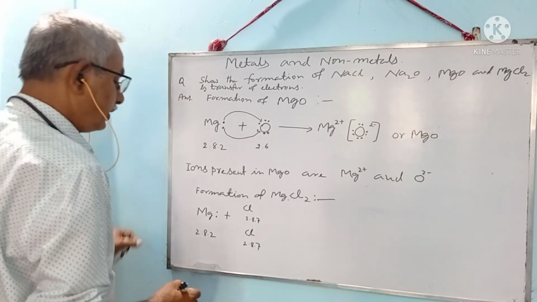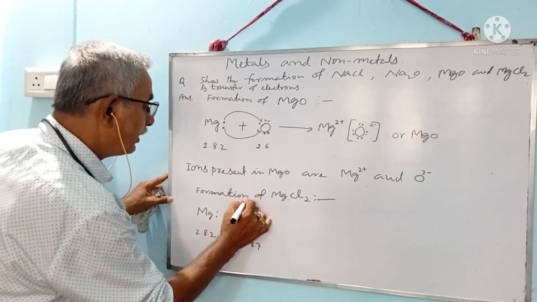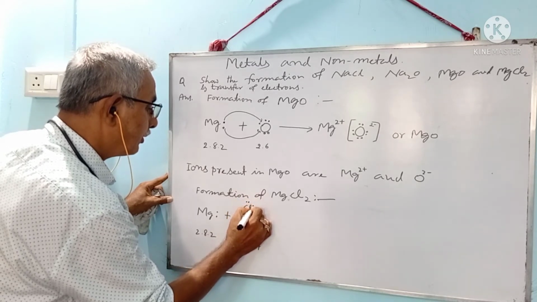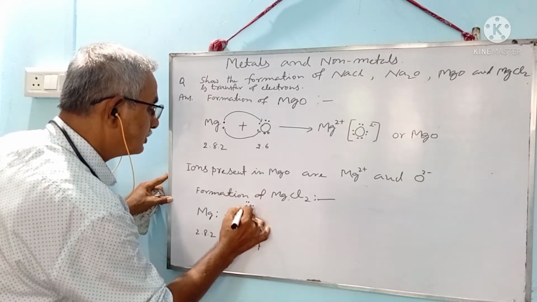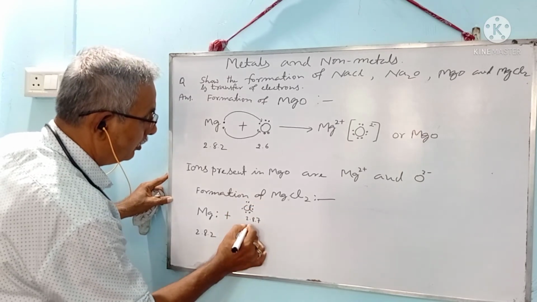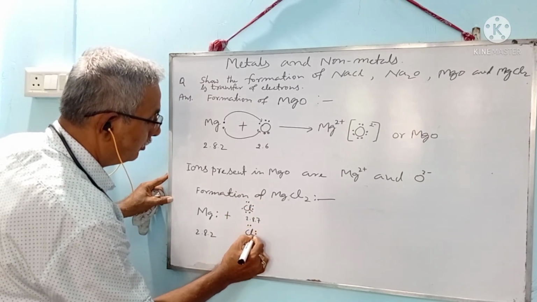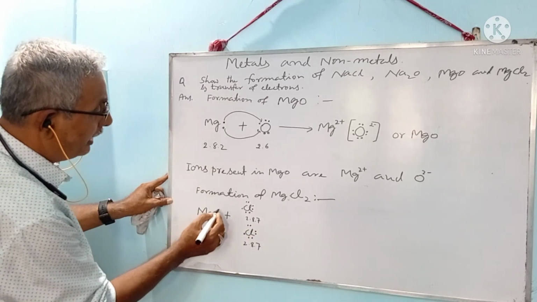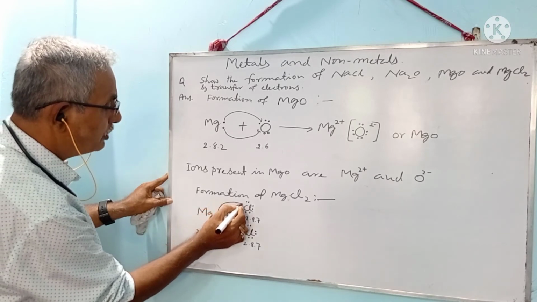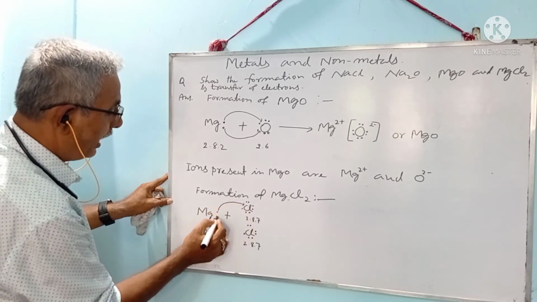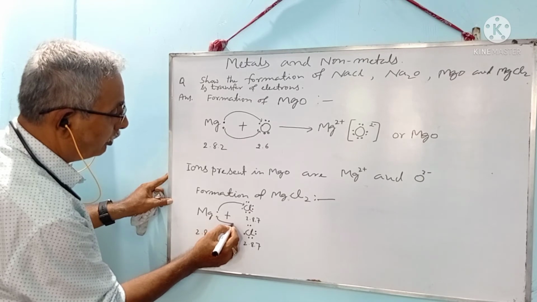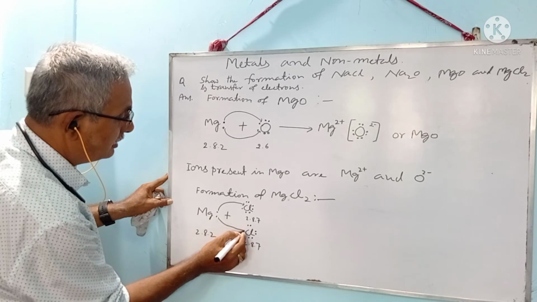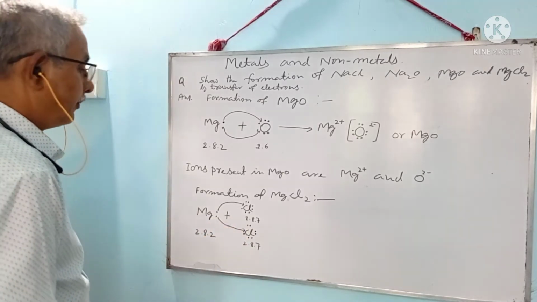Dear friends, each chlorine atom will have 7 valence electrons. So, one electron from magnesium goes to the first chlorine, and 1 goes towards the second chlorine atom.